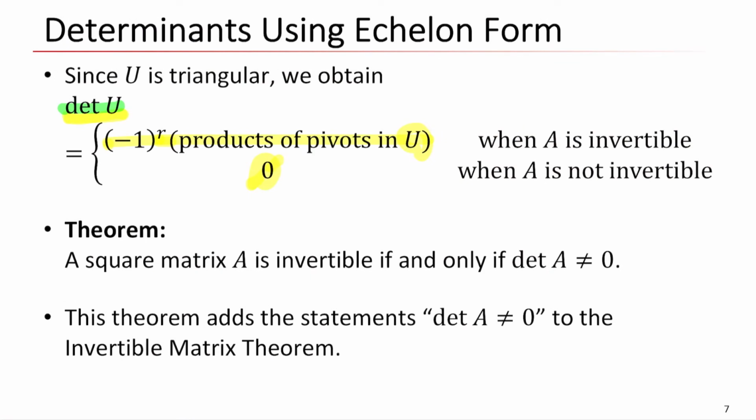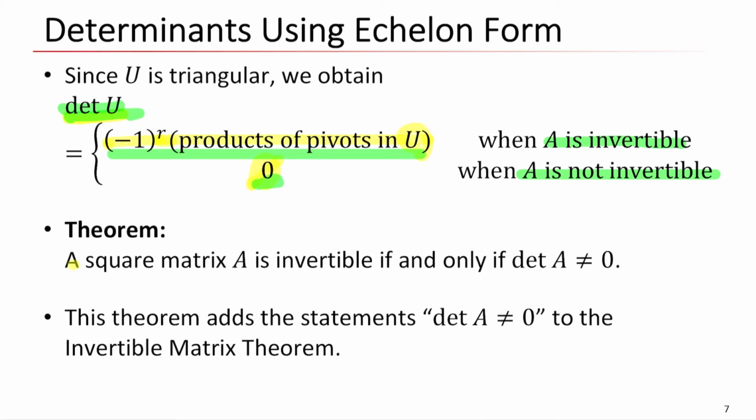To summarize, if the matrix A is invertible, the determinant of u is defined something like this, and if matrix A is not invertible, the determinant of u is something like this. Okay, so from here, we have a very important theorem.